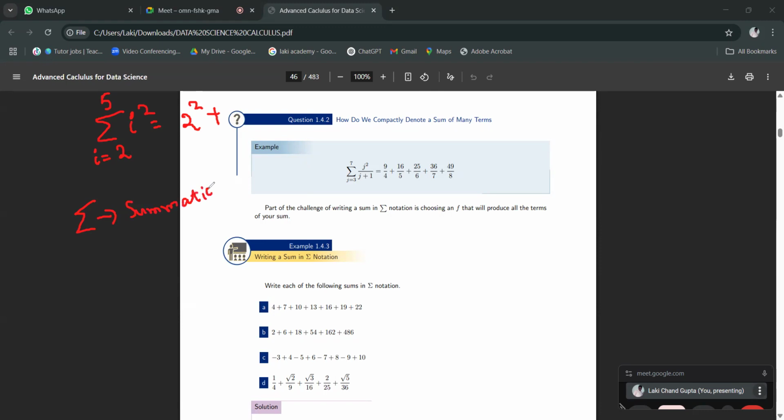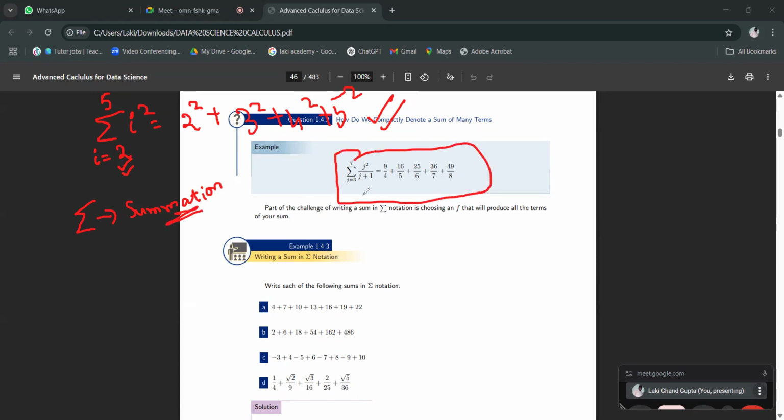And i is always a natural number. So put initial value 2, then 3, then 4, and then 5. Why? Because the upper limit is 5. So you have to put the value of i from 2 to 5 in natural numbers. This symbol is called sigma, and the other name is summation.